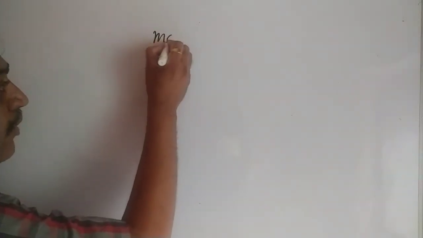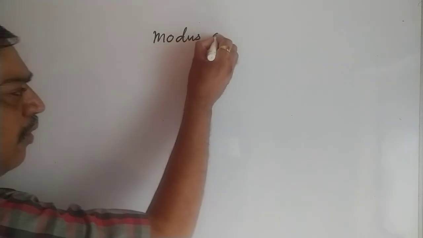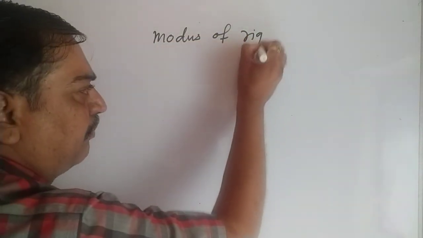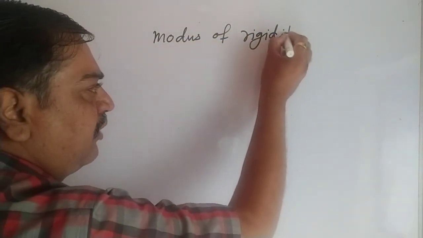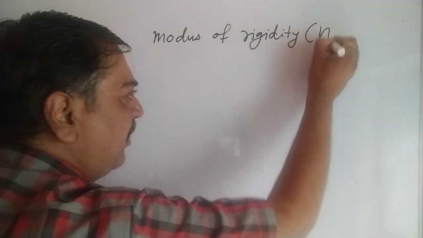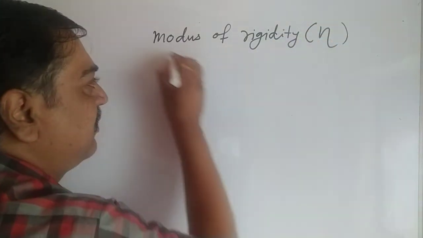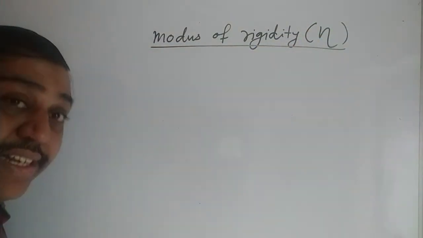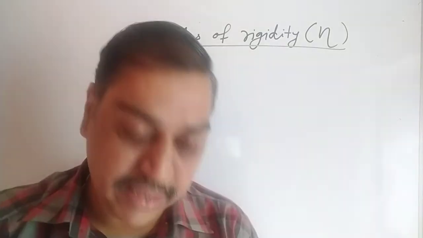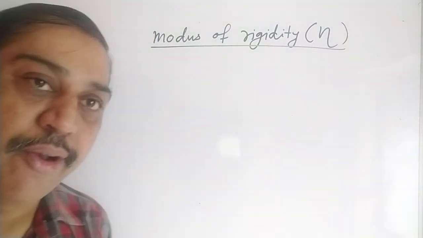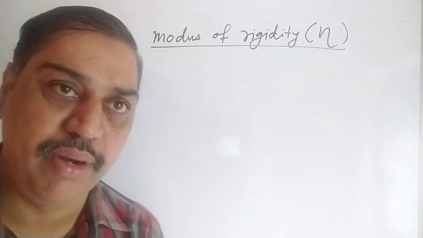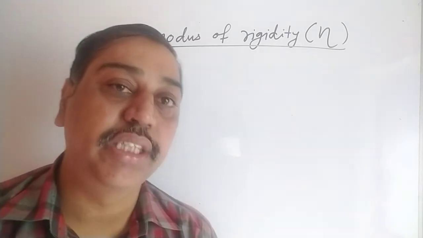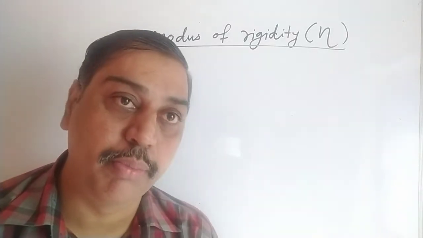So I will write here: modulus of rigidity. This modulus of rigidity is represented by this symbol, and that is not n, it is said to be eta. This modulus of rigidity is the third type of modulus, which depends on the change in shape of the body.